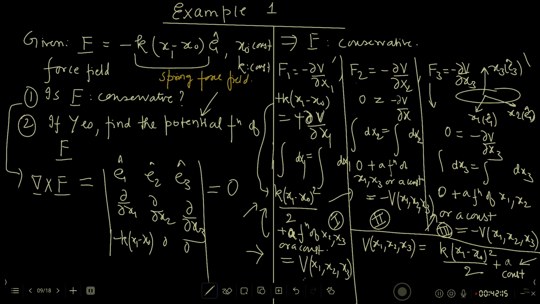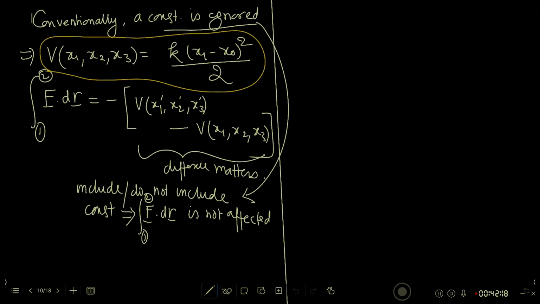And this V that I have arrived at is the potential function of a spring force field. We also associate this quantity with how much energy is stored in the spring, potential energy of the spring. Different ways of referring to the same quantity. The bottom line is this is the scalar potential function associated with that spring force field.